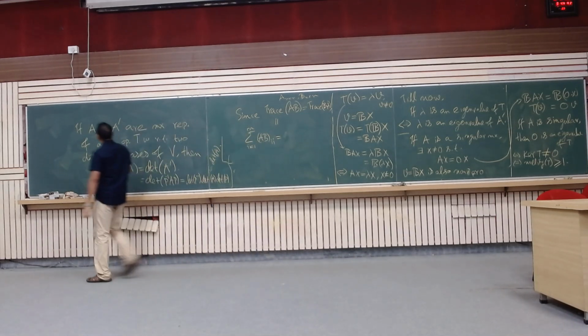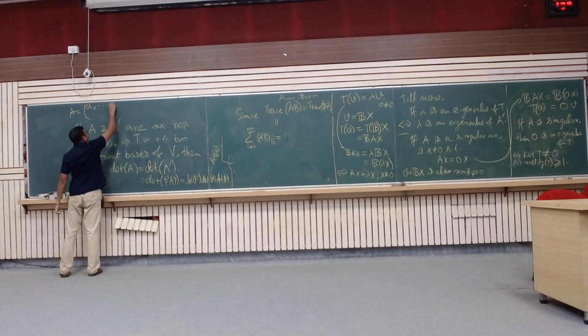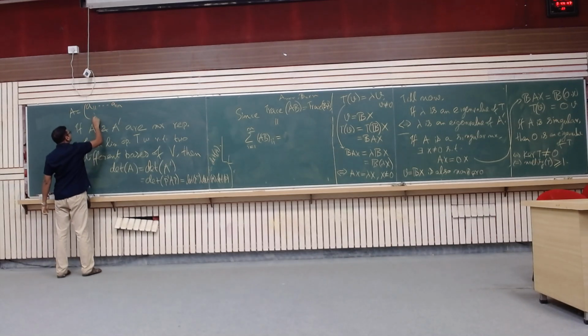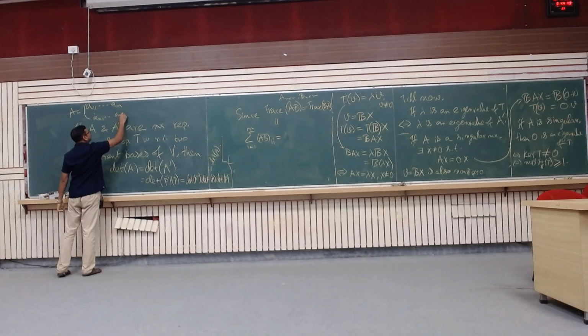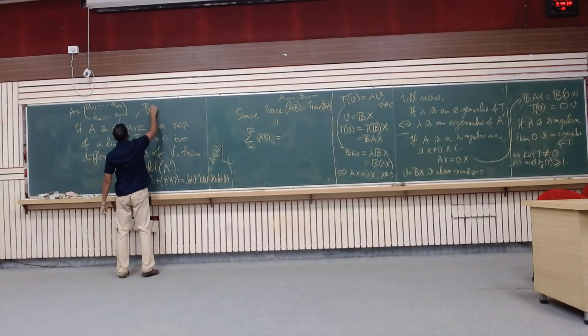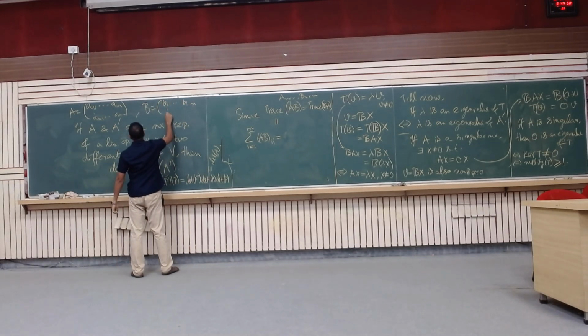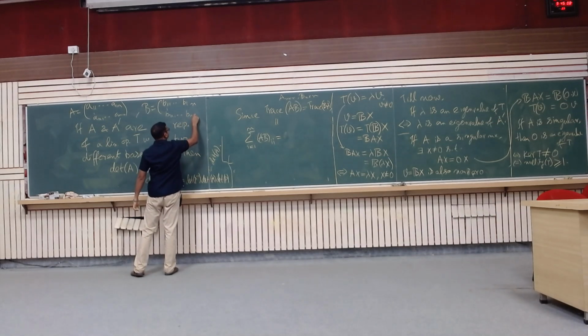Let's write it down somewhere. A is equal to A11 dot dot A1n, An1 dot dot Ann, and B is equal to B11 dot dot B1n, Bn1 dot dot Bnn.